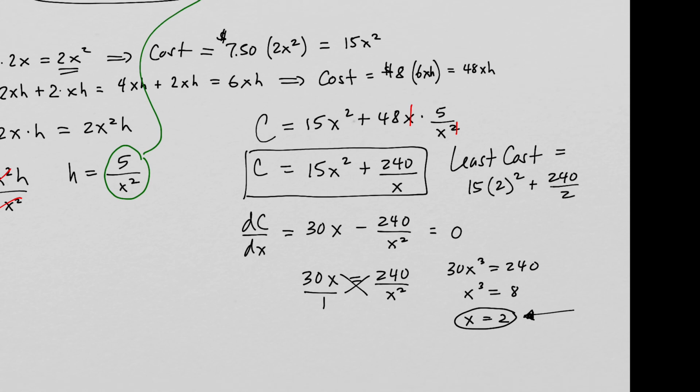If we do the math here, this is 15 times 4, which is 60, plus 120, and that is going to be $180. So the cheapest box that you can make that satisfies the requirements here is a box that will cost $180.